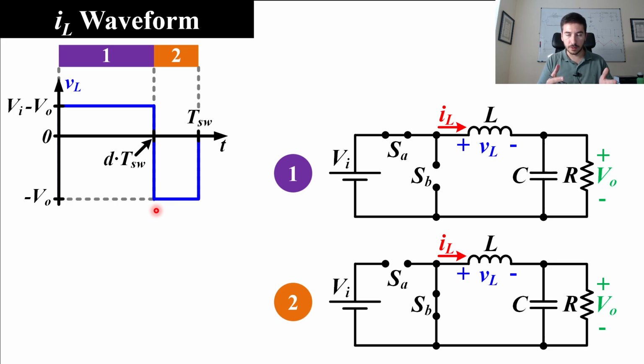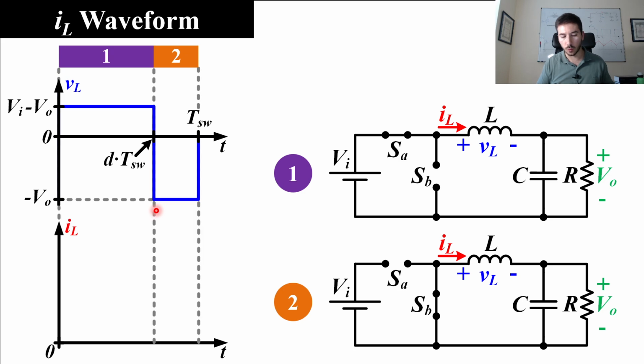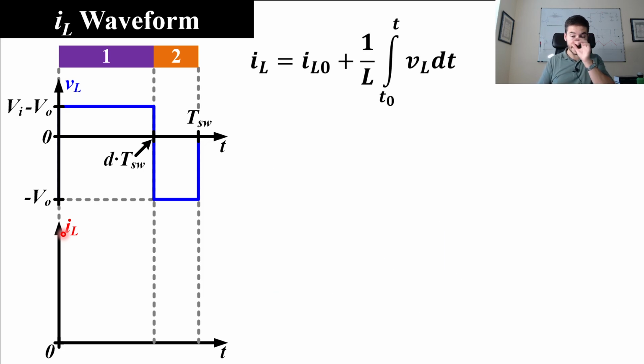So after we remember that, we can try to determine the shape of the inductor current. In order to do that, we need to consider the general expression of the inductor current as a function of the voltage. Remember, we have an initial value of the inductor current plus 1 over the inductance times the integral, from the initial instant, of the voltage across the inductor.